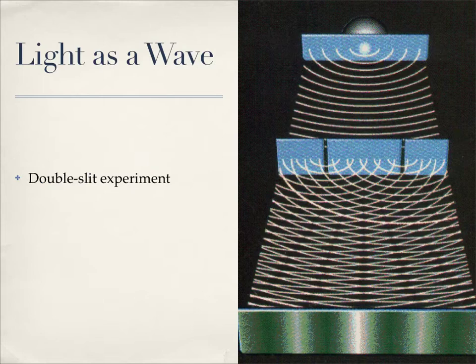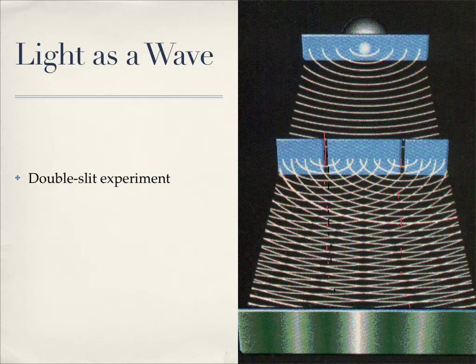This is a pretty common experiment called the double slit experiment. They take a light source, and we've got this opening here and an opening here, and as the light goes through, we get interference patterns. If light were particles, you would get these particles going through and hitting the wall right in front of where the openings were, and that's it.